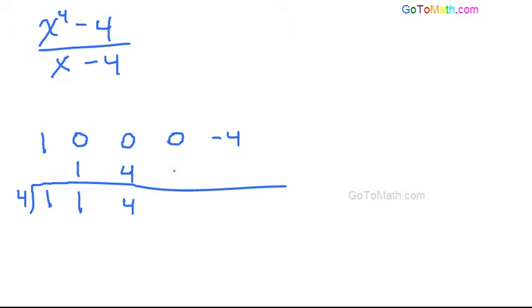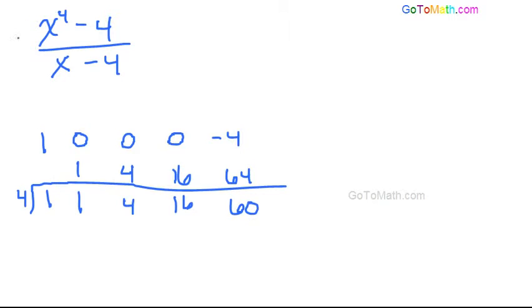4 times 4 is 16. Add those together, you get 16, and 4 times 16 is, man, what is that? 64. Let's see. And what are we doing here? It's 60.